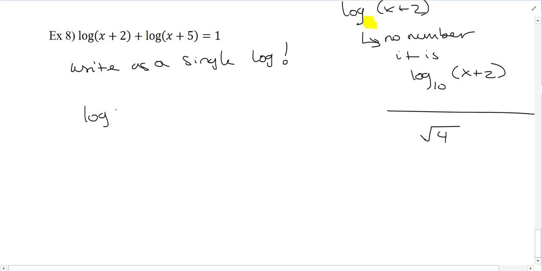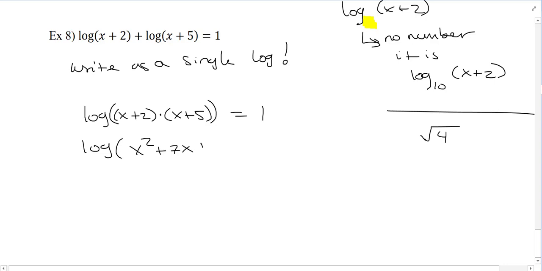Use the property in reverse. So this is going to be log of x plus 2 times x plus 5. The property says when you're adding, you can condense it into a single log by multiplying, equals 1. And so you can simplify this. So this becomes x squared plus 7x plus 10 is equal to 1. And now I have just a single log.